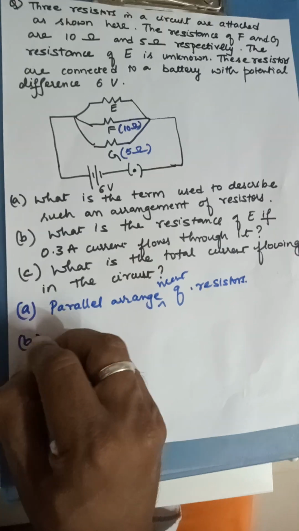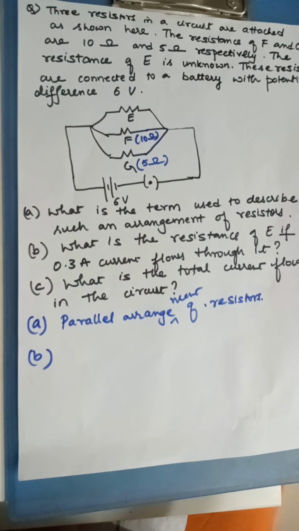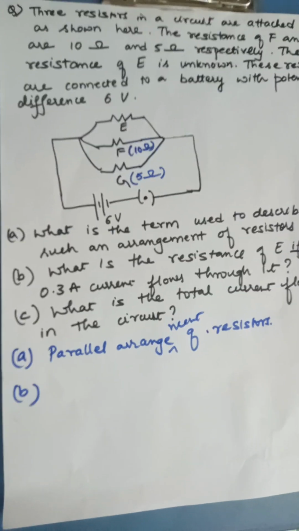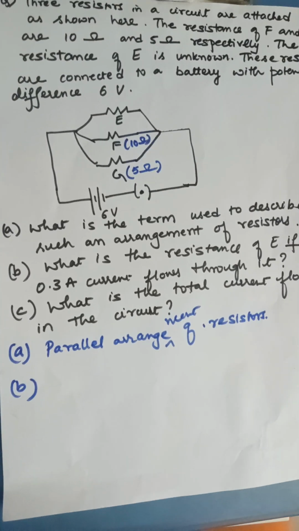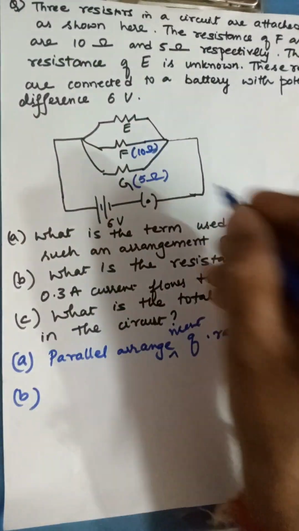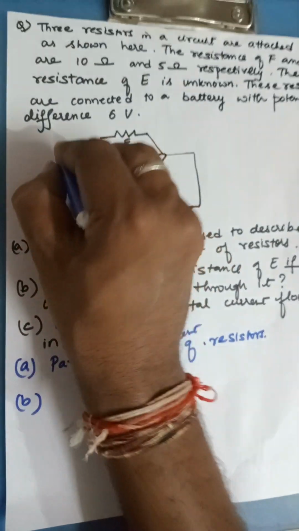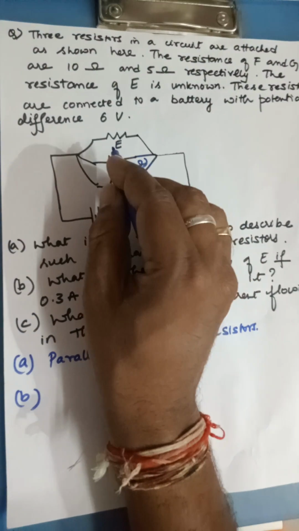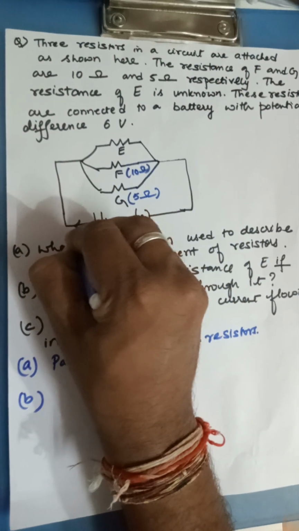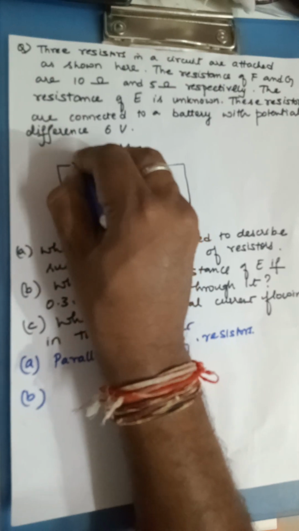Now let's answer question B. What is the resistance of E if 0.3 amperes flows through it? Now let's take the current that is drawn by the three resistors from the battery as I. This current I flows up to this point.